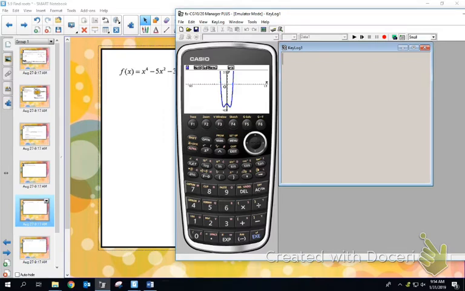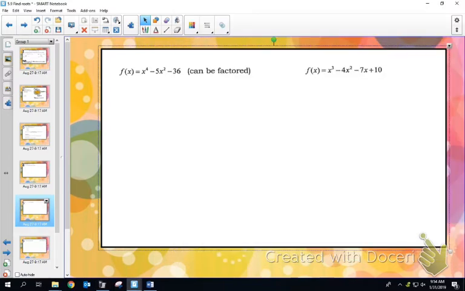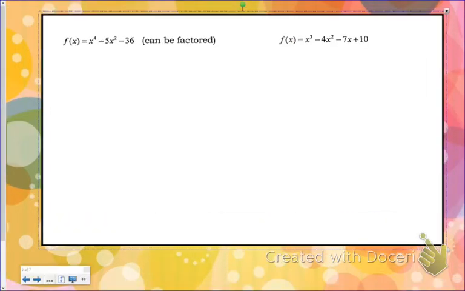To find my roots, I'm going to do gsolve, root, and there's my first root, negative 3. Then I'm going to scroll to the right, and my other root is 3. So 2 of my roots are 3 and negative 3.